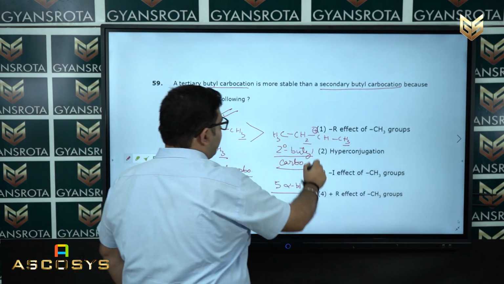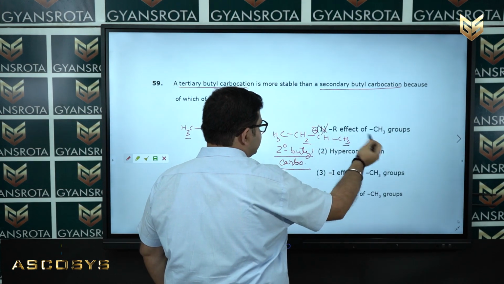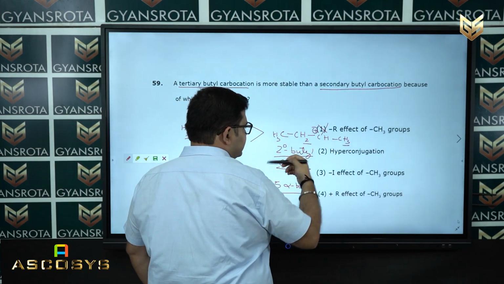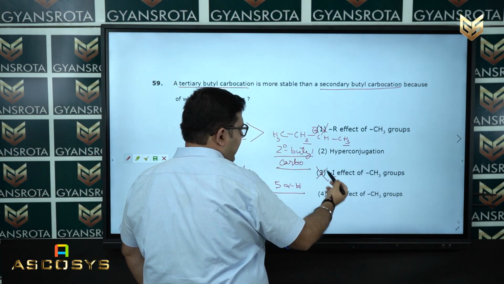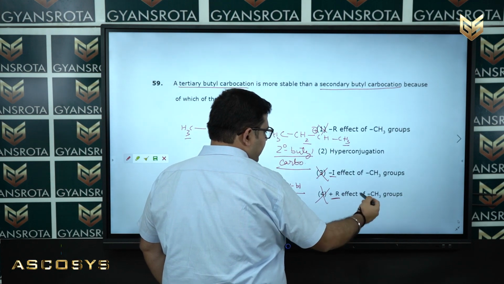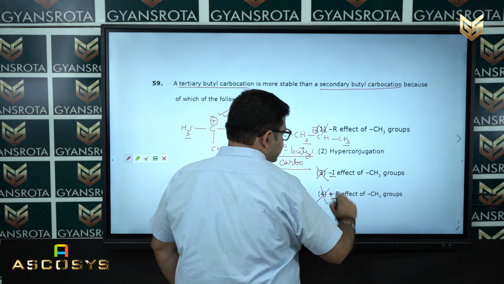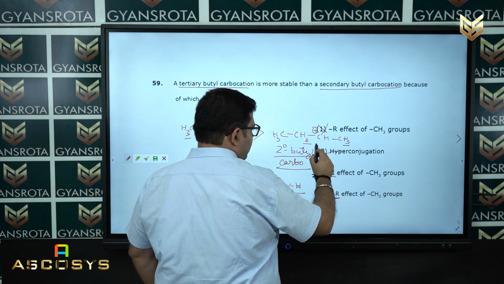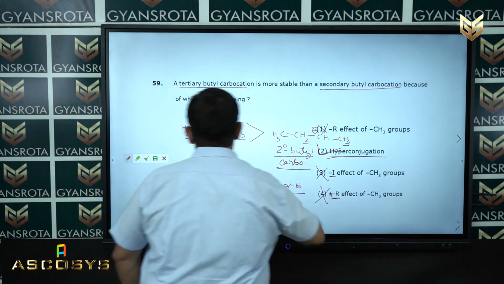Now, among the 4 options, first option is canceled out because CH3 is a plus I group, so minus R effect it does not show. Again option 3 we have to cancel out because minus I effect is not shown by the CH3 group, and plus R effect is not shown because in the methyl group there is no resonance effect. So, plus R is not shown by the CH3 group. So, you are left with only one option, that is hyperconjugation, the correct answer of your question number 59.